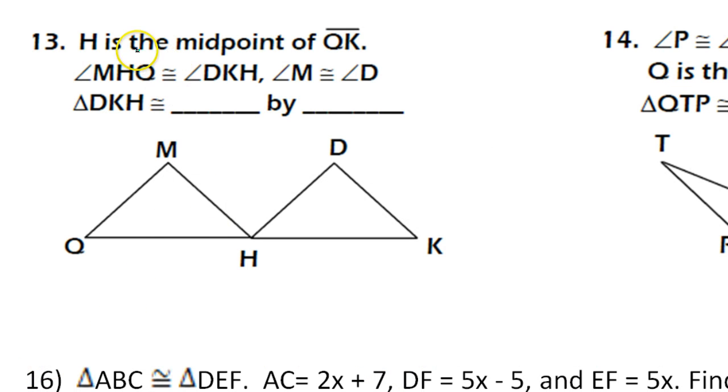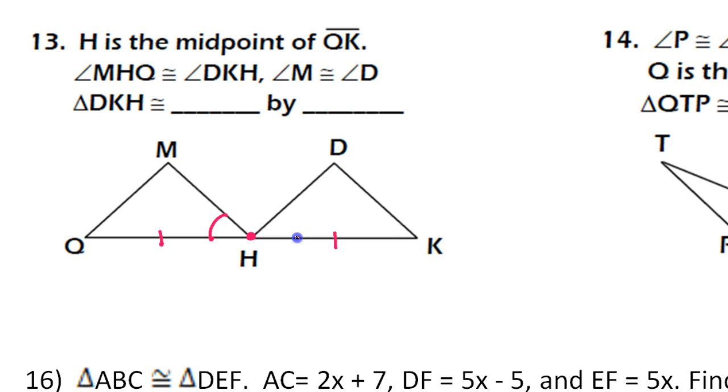Okay, H is the midpoint of QK. Alright, so far that tells me that these are congruent. What else? The measure of angle MHQ is right here, and that's congruent to angle DKH.